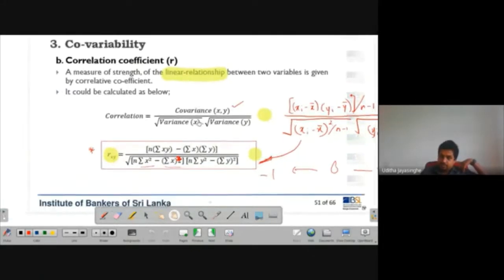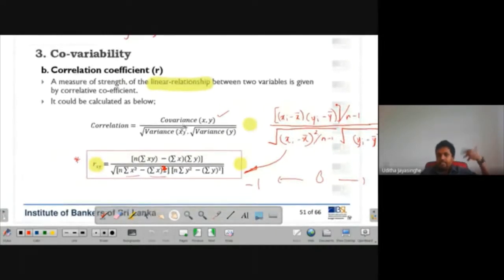And the second form is a derivation which is coming from this same argument, but it is put in a different way. Sometimes, students, you may find this equation a little bit funny, but when you look into a data set, you will understand. You don't really have to calculate these xi minus x bars, but rather you may have x values, y values, x into y, x square, y square.